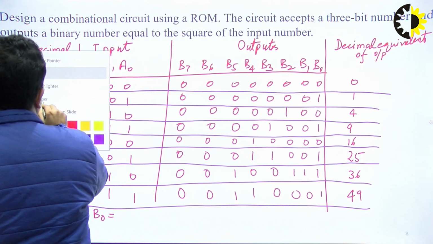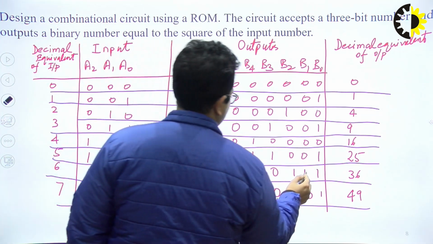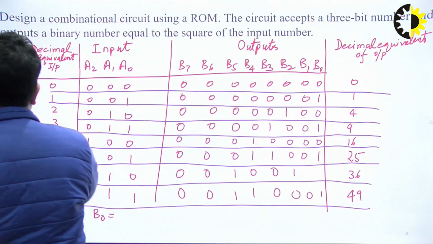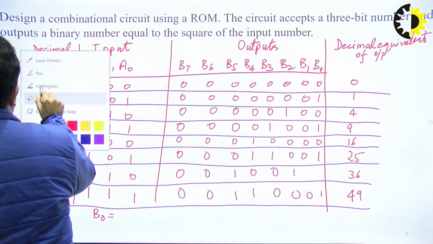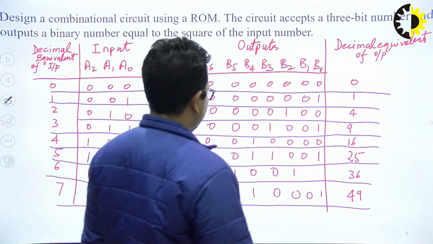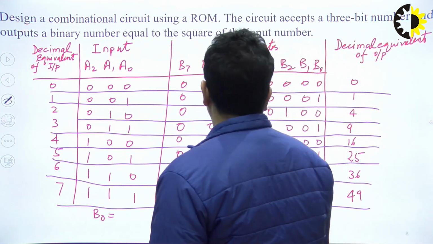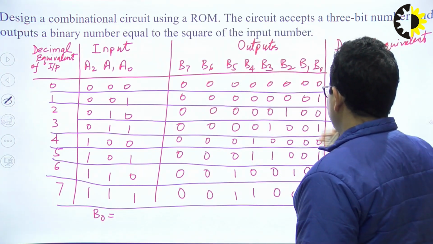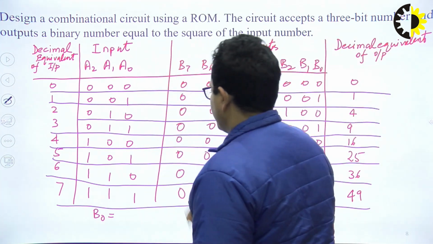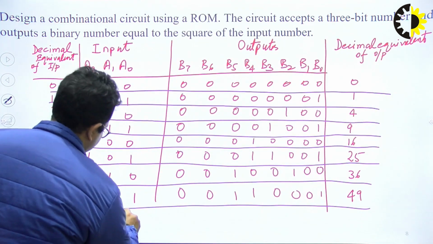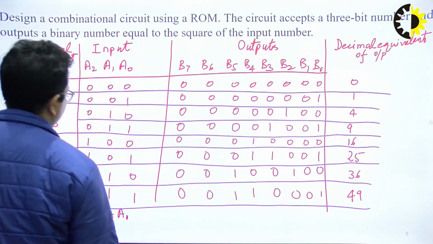So there is a little mistake here; it should be 4, because 32 plus 4 gives 36. So we can see that B0 is exactly the same as A0. So we can write B0 equals A0.